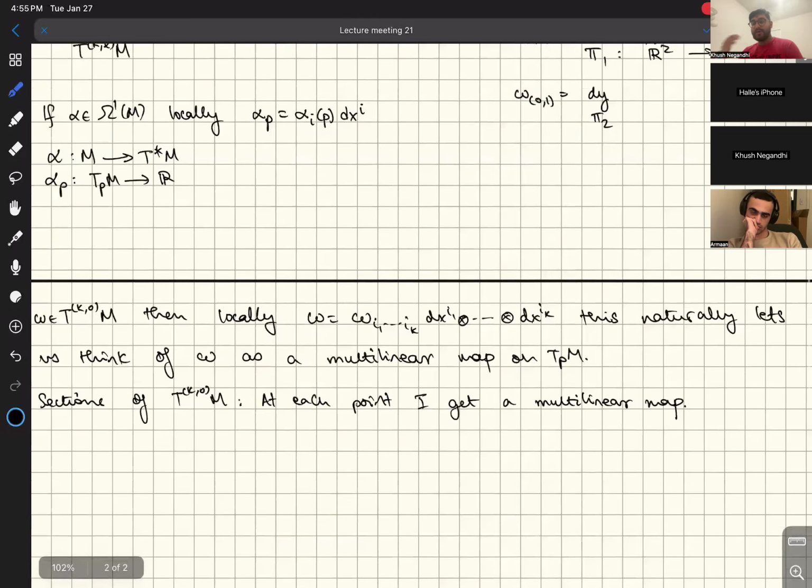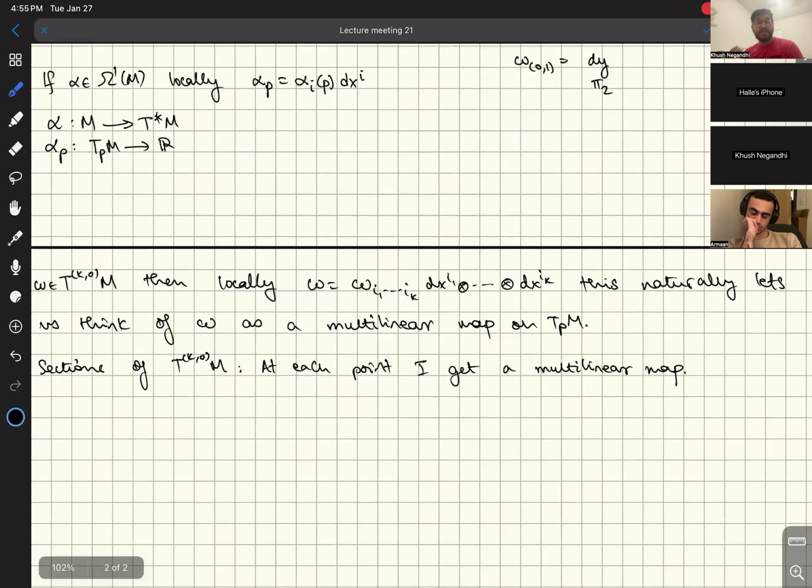When we talked about forms in linear algebra, we looked at the subset of the tensor product that was alternating, right? And so now a very natural question is, do alternating tensors get promoted to alternating forms?